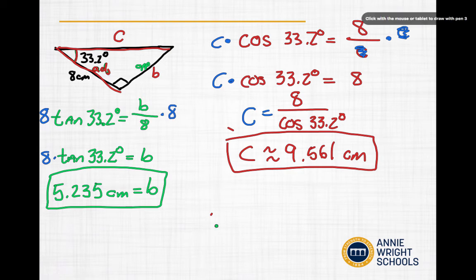So if I do that real quick by taking 90 minus 33.2, I get that the other angle is equal to 56.8. So this angle up here is 56.8 degrees.